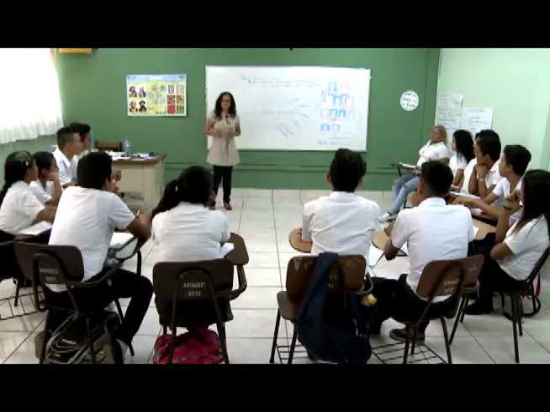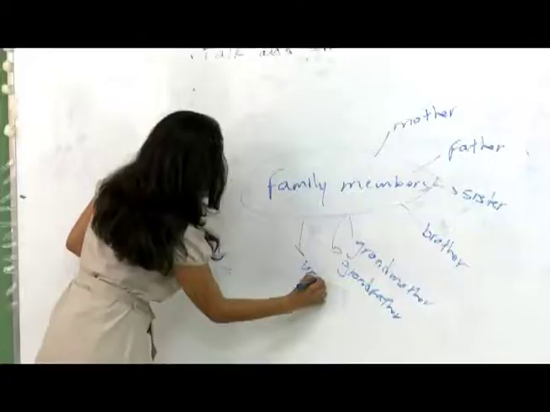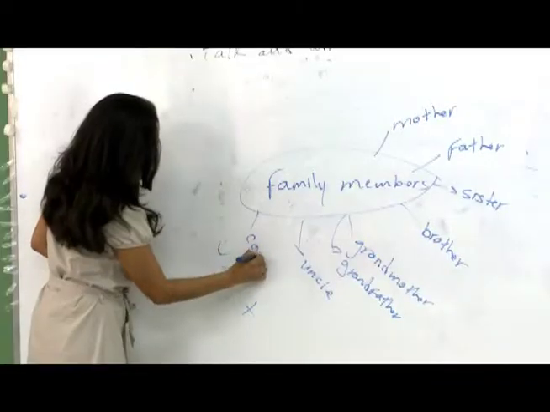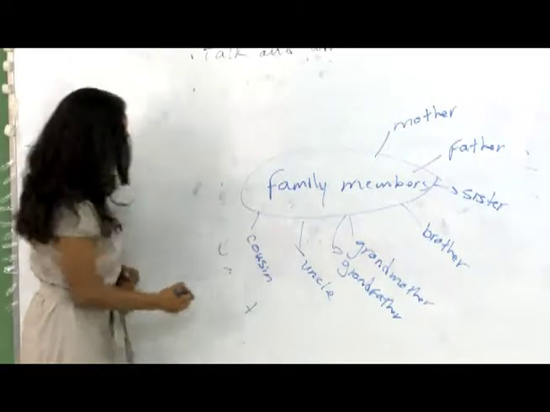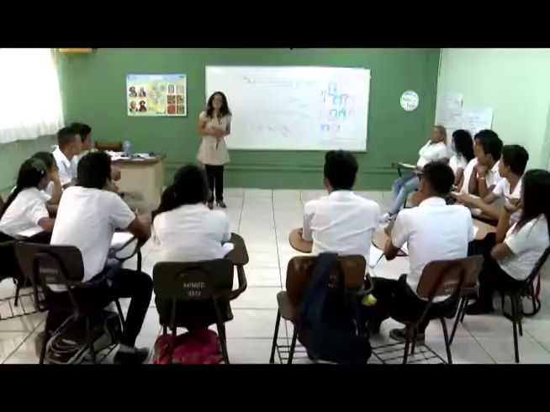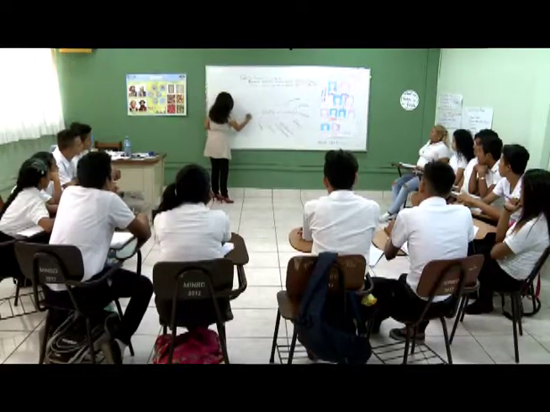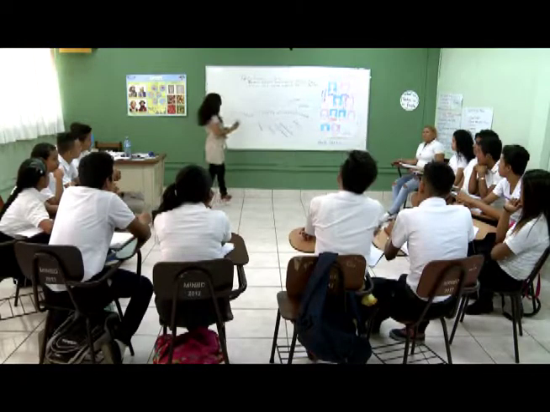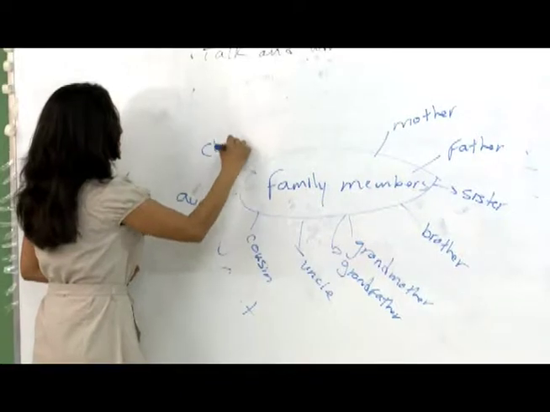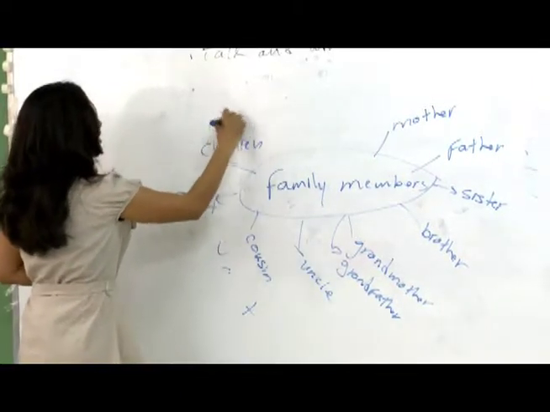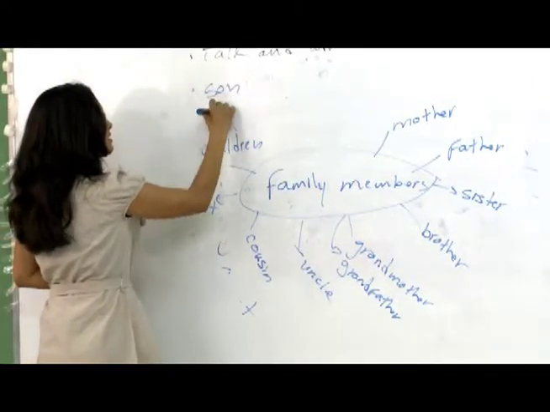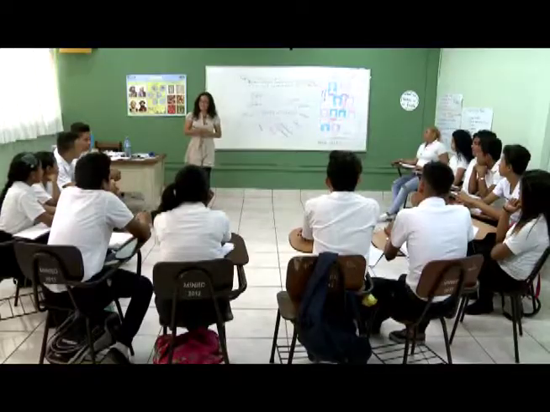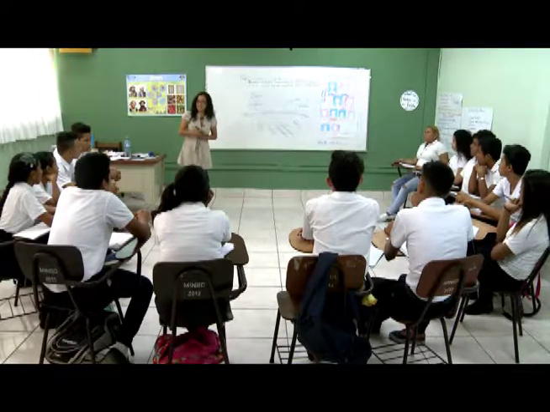What else? Uncle. What did you say? Cousin. Aunt. Children. And here we have son and daughter. What else? Anything else?